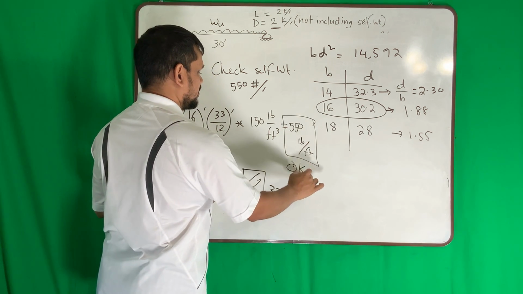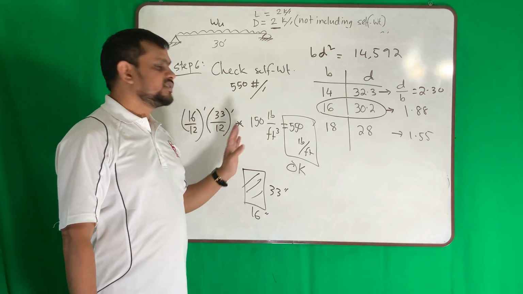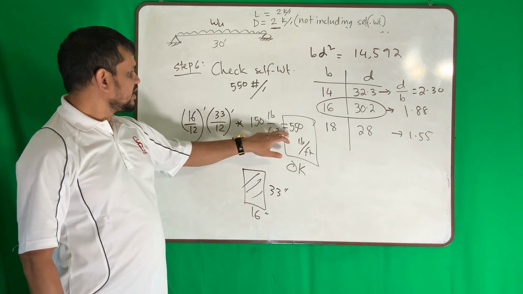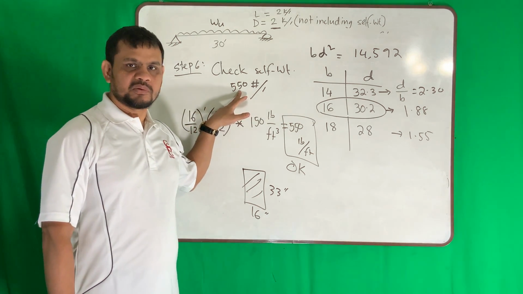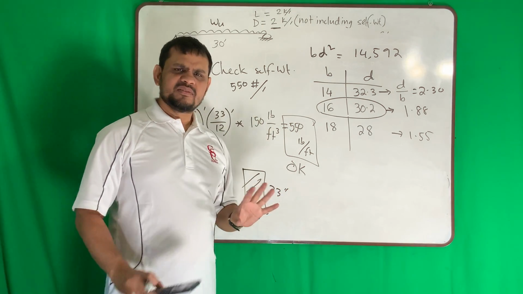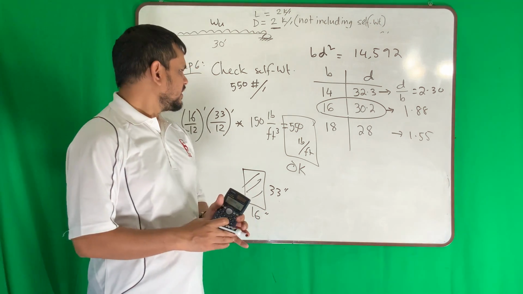So okay. Why is it okay? Whatever we assumed at the beginning exactly matches. Now what happens if this value is more than this? Not okay. But you assume 550, you got here 560, 570. Is it a problem? I do not think so.